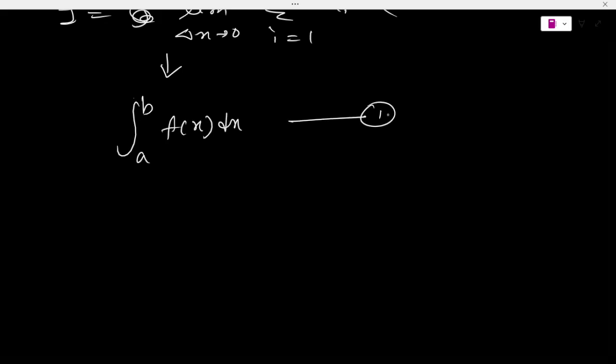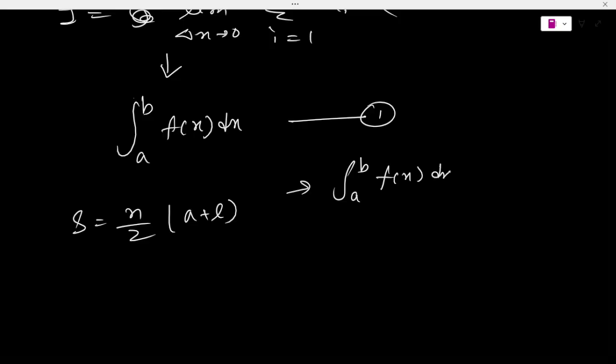This is equation 1. In the arithmetic progression, S is equal to n by 2 times (a + l). So the ultimate thing is that we are going to prove that the integration from a to b of f(x) dx is equal to F(b) minus F(a).